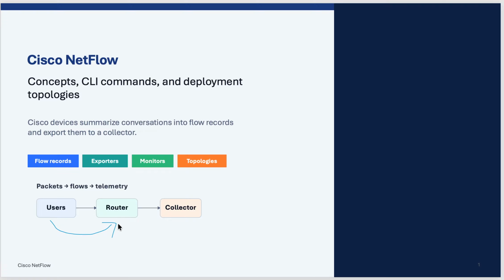So, that being said, the router then exports all of the keys. Now, keys are things like source and destination IP, port numbers, and things like that. It will export or output the various keys to something called a collector.